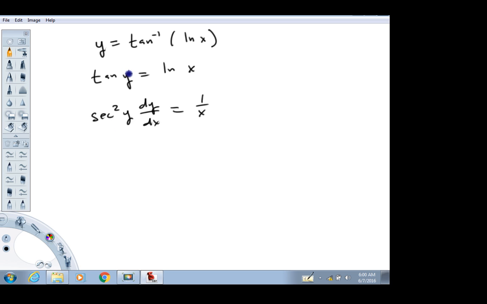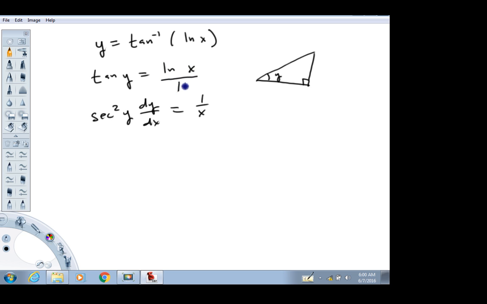And the way we do that is we look at the equation before it, and we're going to use it to draw a triangle. Now this reads tangent y, y is some angle, equals ln x. Now remember that the tangent function is equal to opposite over adjacent. I'm going to write this ln x over 1.